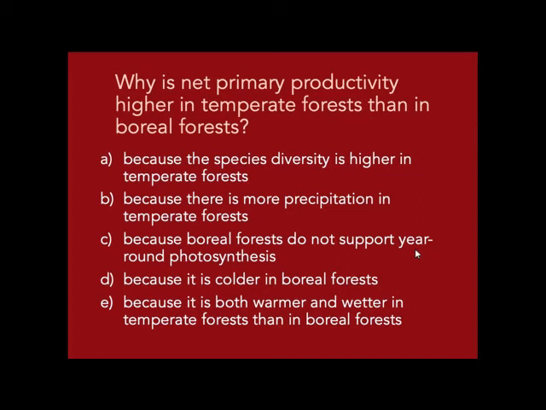Well, I mean, they don't, but you don't get year-round photosynthesis in temperate forests either. Yeah. Is it because it's colder in boreal forests? It is colder in boreal forests. Yeah, so that probably affects things. Is it because it's both warmer and wetter in temperate forests than in boreal forests? Oh yeah, that has all the things. Yep, that's the answer. It is both warmer and wetter in the temperate forests than in the boreal forests.